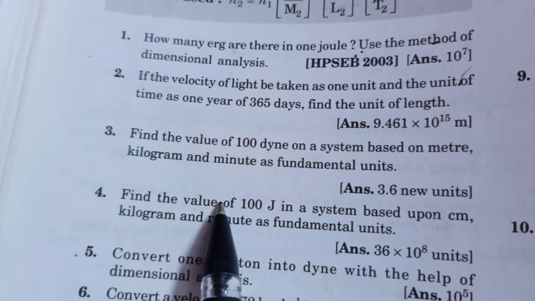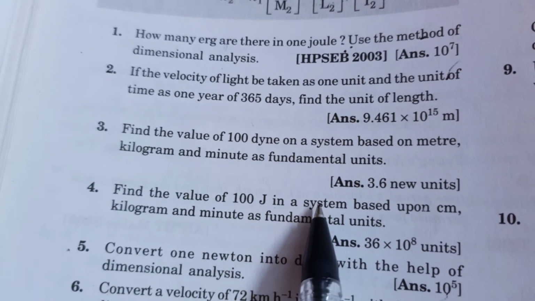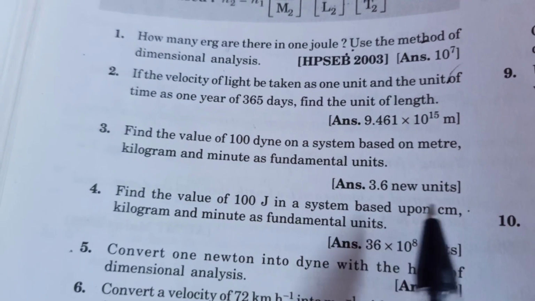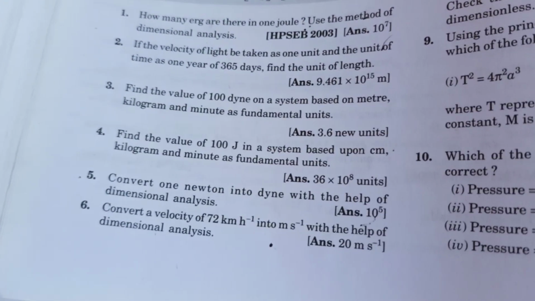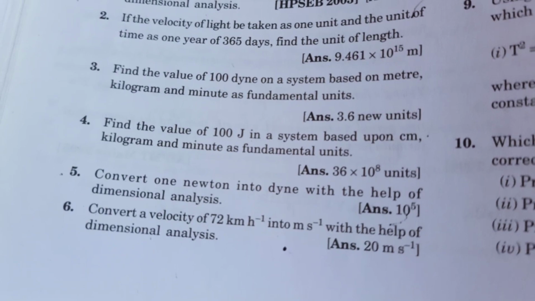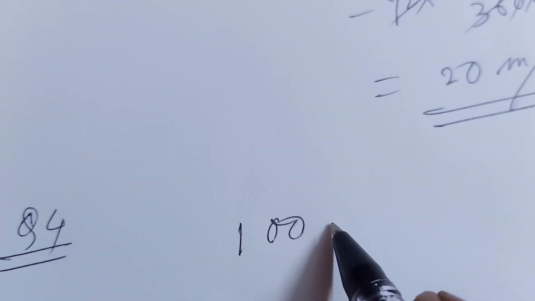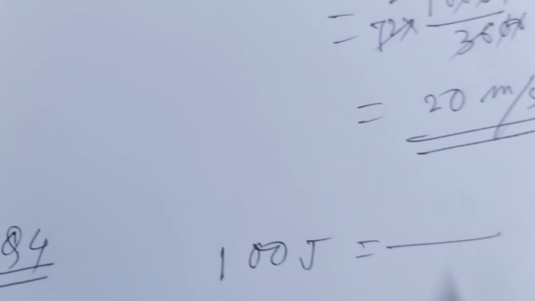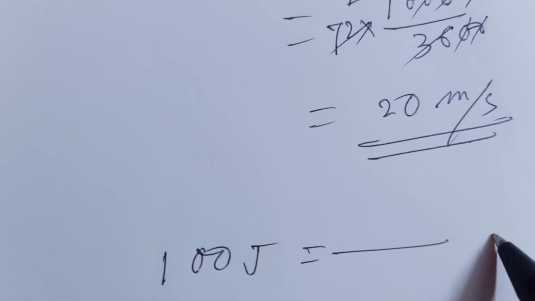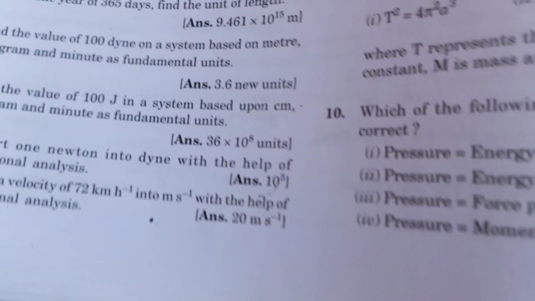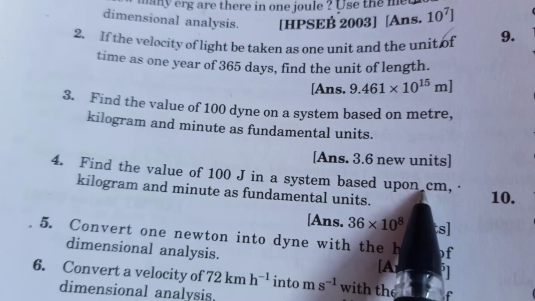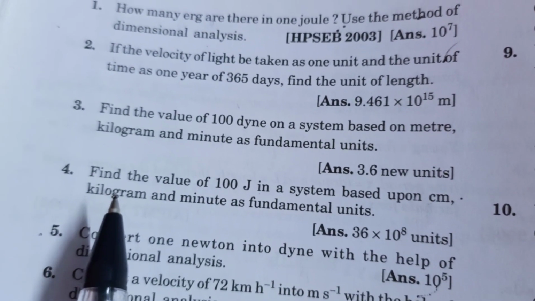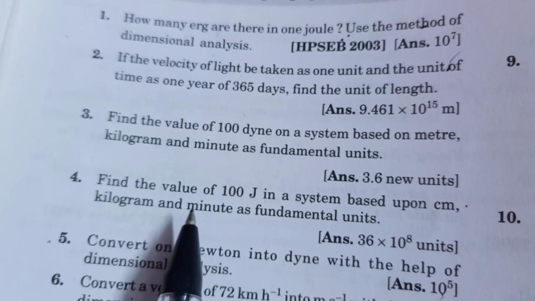Next, question 4: find the value of 1000 joule in a system based upon centimeter, kilogram and minute. Centimeter, kilogram, minute. So question number 4 is 1000 joule, and you have to convert it to a unit system that consists of centimeter, meaning you take length as centimeter, then kilogram, then minute.